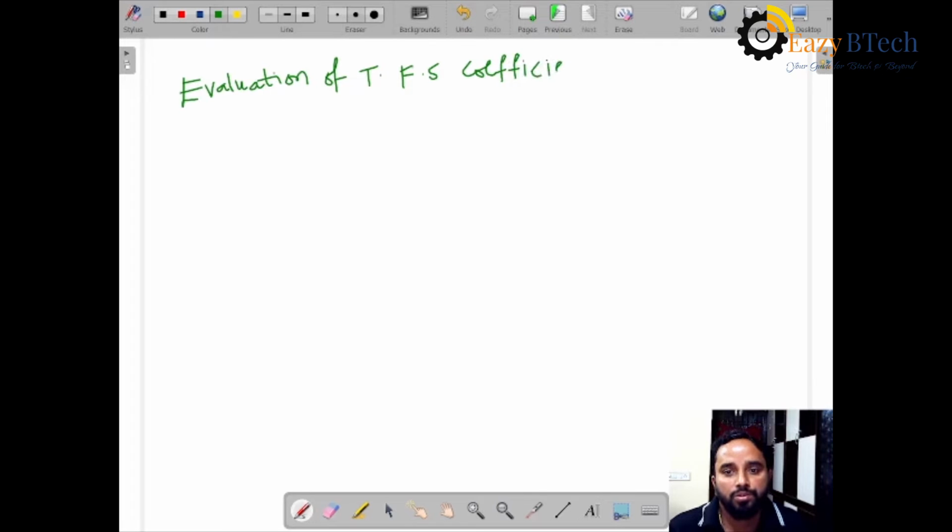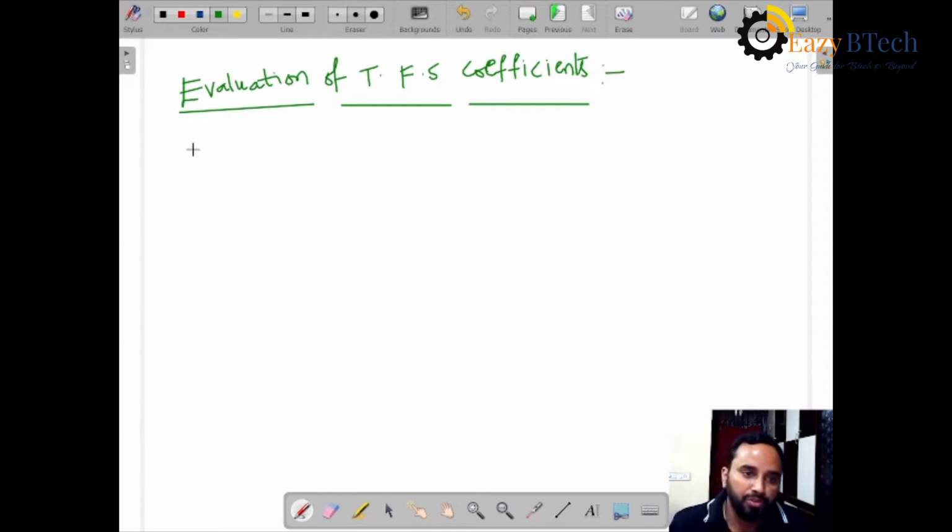How to calculate or determine the trigonometric Fourier series coefficients? First I am going to do the average value of x of t, a naught.